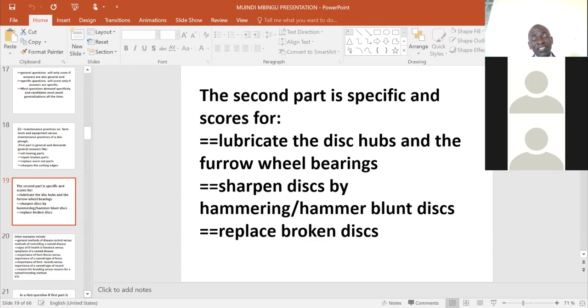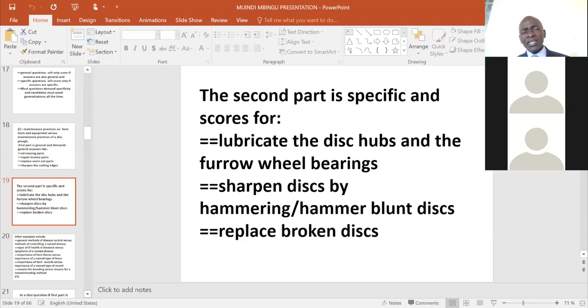The question is specific. Replace broken discs. And before I forget, the furrow wheel bearings have got some parts that are rubbing on each other. Are those parts described as moving parts or movable parts? The parts of an implement that are rubbing on each other during operation are referred to as moving parts.